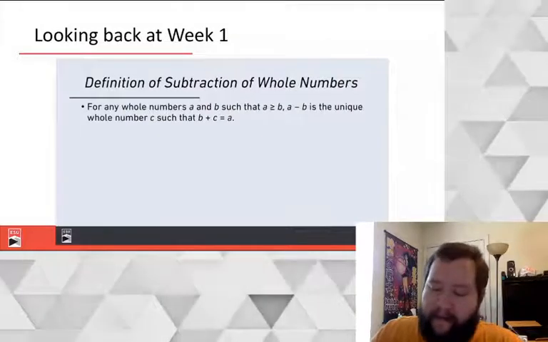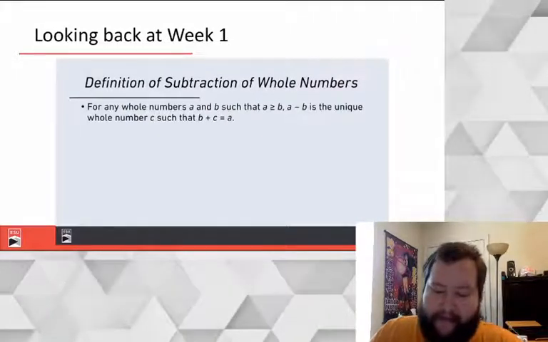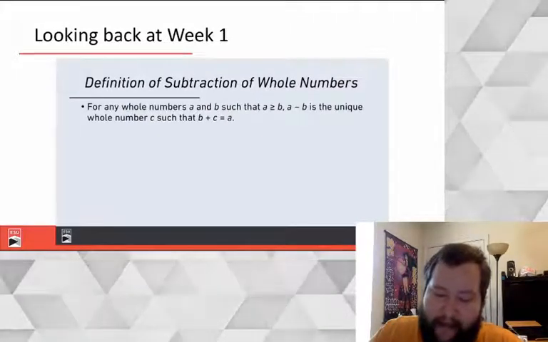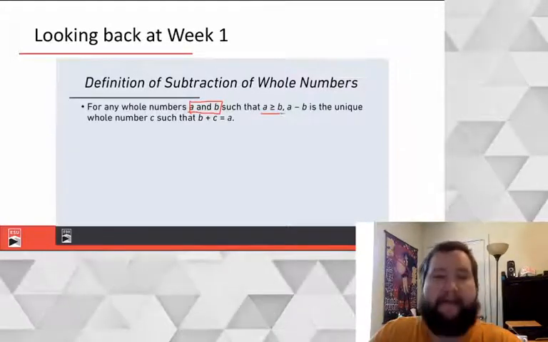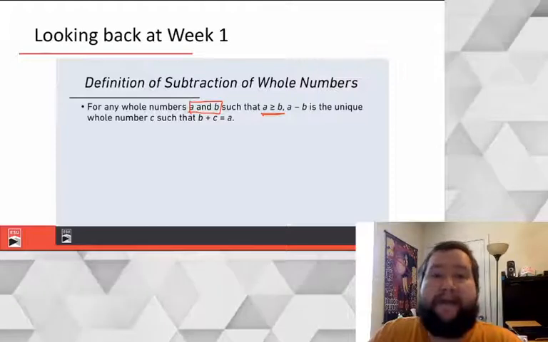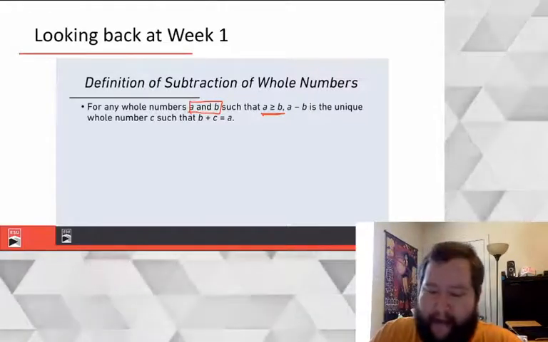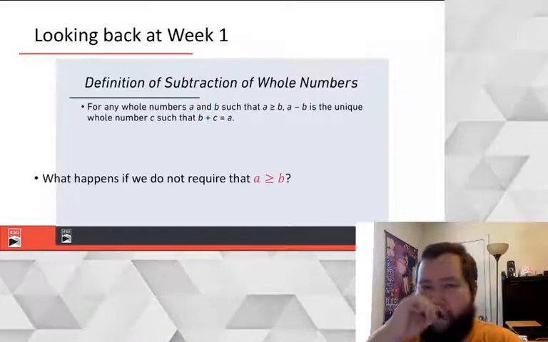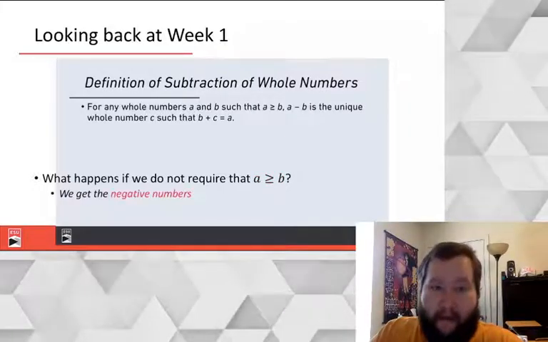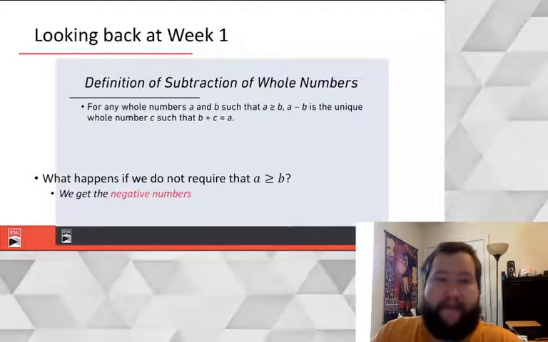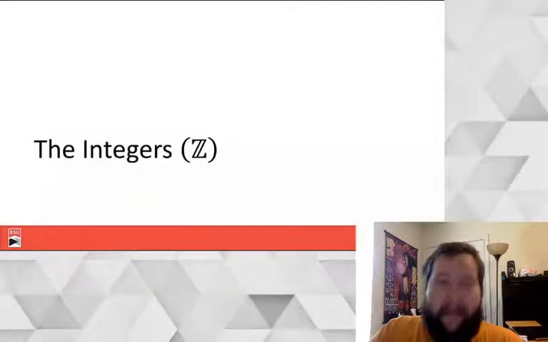So like I said, what if we look back at our definition for subtraction? Remember, we said subtraction was defined as long as we had A and B with A bigger than B. That meant we would get a positive difference back. But what if we don't require that? What if we don't require that it's greater or equal to? Well, we get the negative numbers, right? And so the integers.